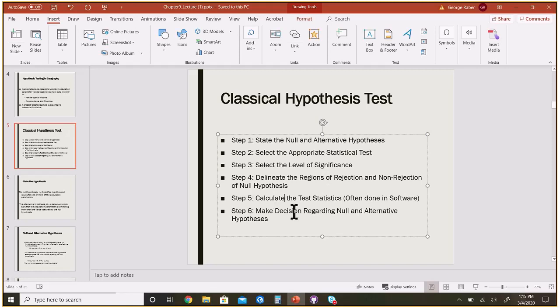So you have to make this decision about your null or alternative hypothesis by looking at the p-value that comes from the test, and that's the area under the curve. So the test statistic is the value along the distribution function, and the p-value is the area under the curve. And so you can compare that to 1 minus your level of significance.